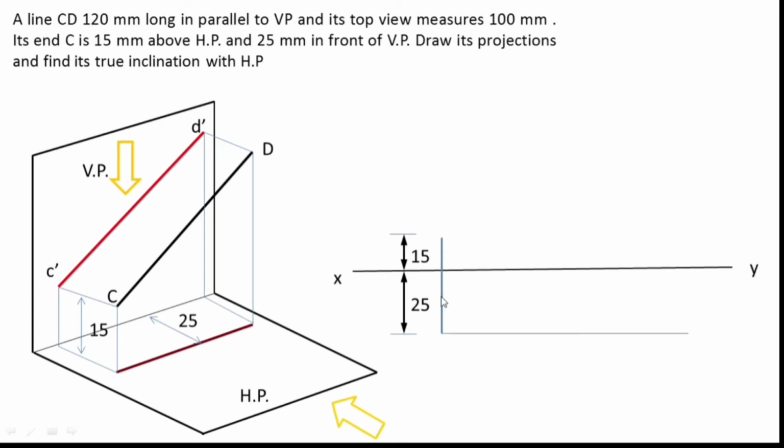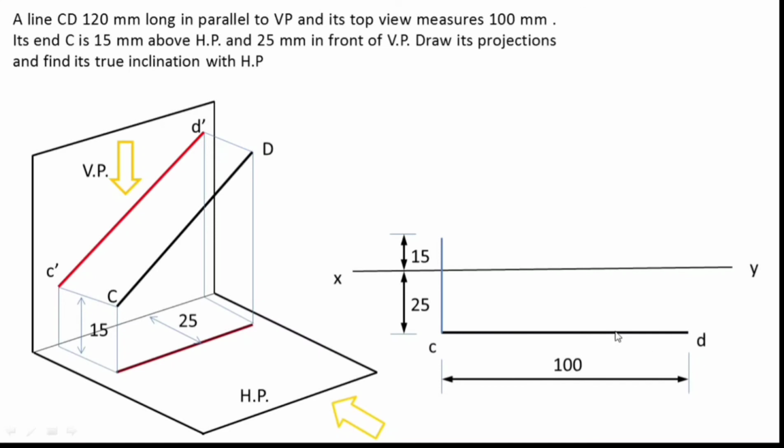Again I need to draw a parallel line, because I know the top view length of the line is 100 mm. So I draw a line parallel to XY, 100 mm long, and the ends are denoted small c and small d. So the top view has been drawn.